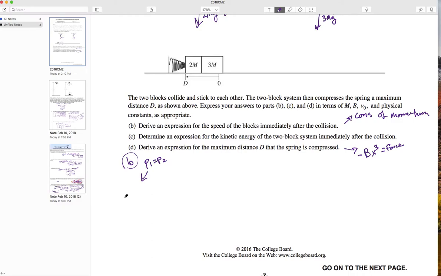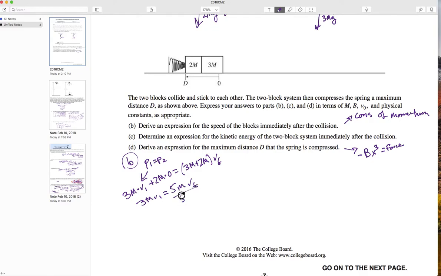So we have 3m times v1 plus 2m times 0 equals the combined mass times the final speed. Well, in this case, we have 3m v1 equals 5m vf.